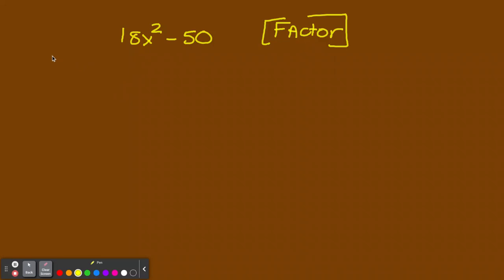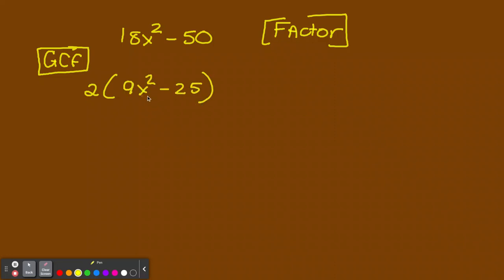If we think about the GCF, think about that. We can take a 2 out, and then we're going to get 9x squared minus 25. And when you have this now, you have the difference of two squares. Very important, the difference between two squares.